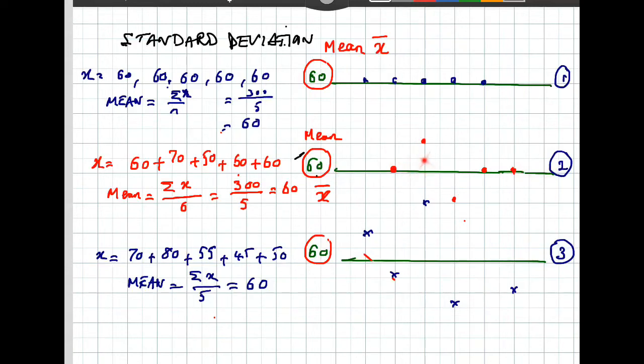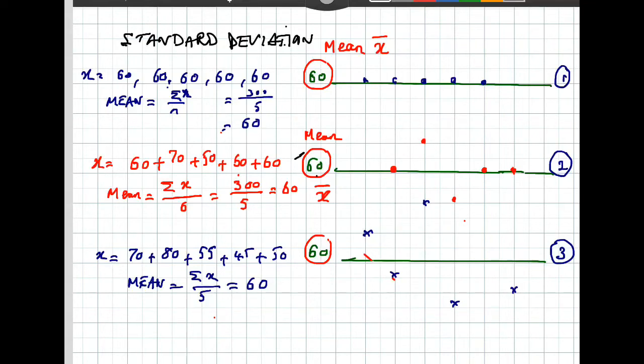We've got 2 points which are deviating from the mean, by plus 10 here, and here by minus 10. So we've got some scatter, we've got some deviation. So plus 10 minus 10 will bring the mean of all the values to 60.